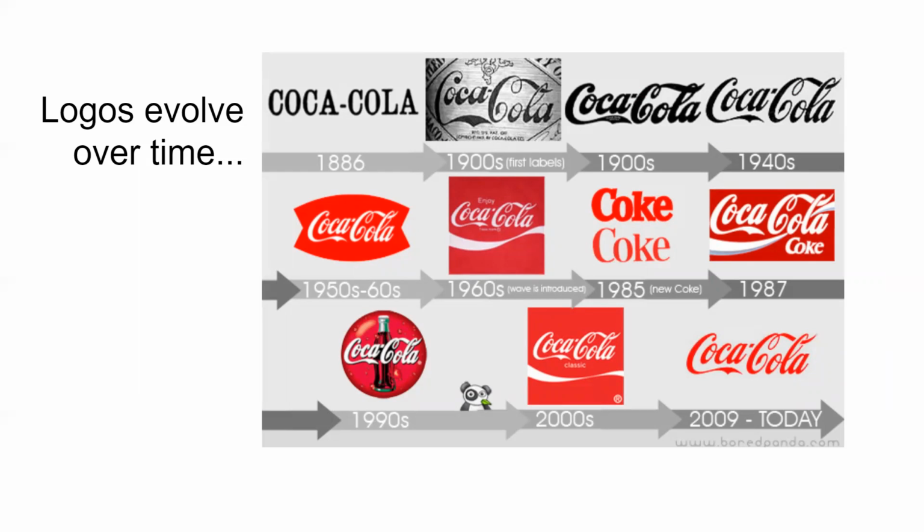And then they start to get a little fancier in the 1900s as they have their first labels, and those labels evolve. They get smarter. They get the color combination where it's the red and white. Sometimes it gets a little fancier, like in the 1990s, so it's following some trends, but it's still staying relevant and creative.